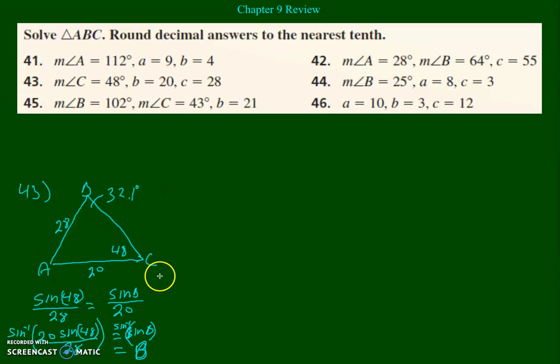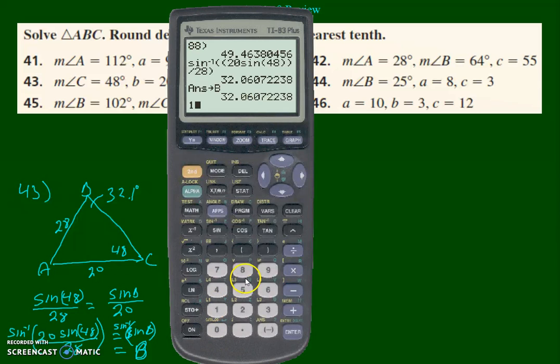And now let's go ahead and find this. Well, we can find this angle at this point. So using our calculator, we can say 180 minus 48 minus angle B. And that gives us 99.9.